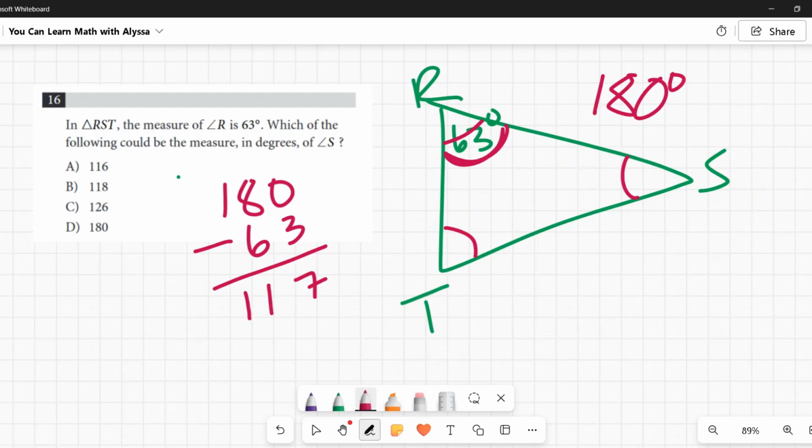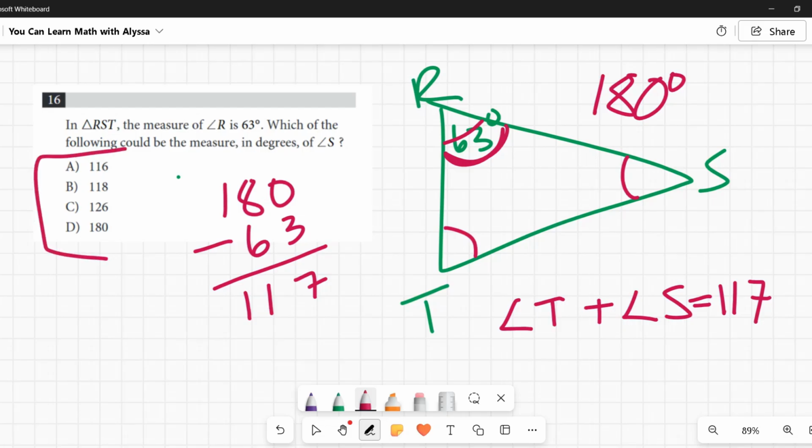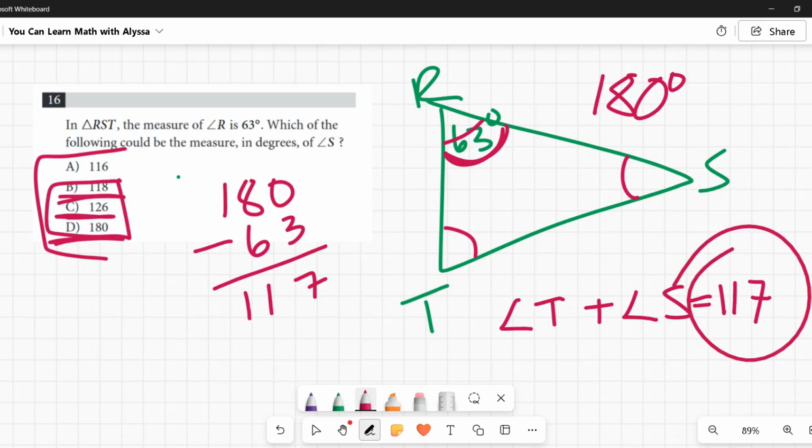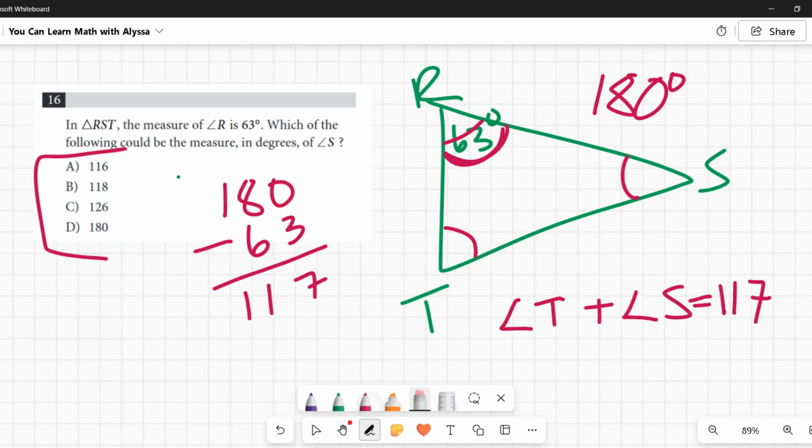So angle T plus angle S must equal 117 degrees. Look at our choices over here. We've got 180, 126, 118. All three of those are greater than 117. We can't have a negative degree for angle T.